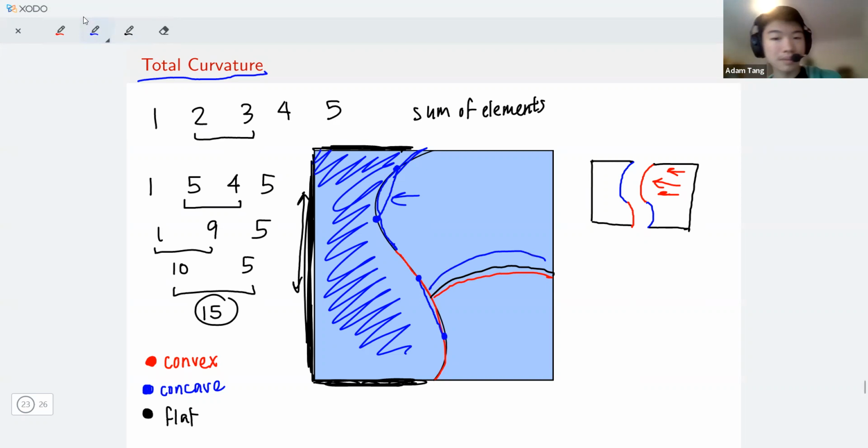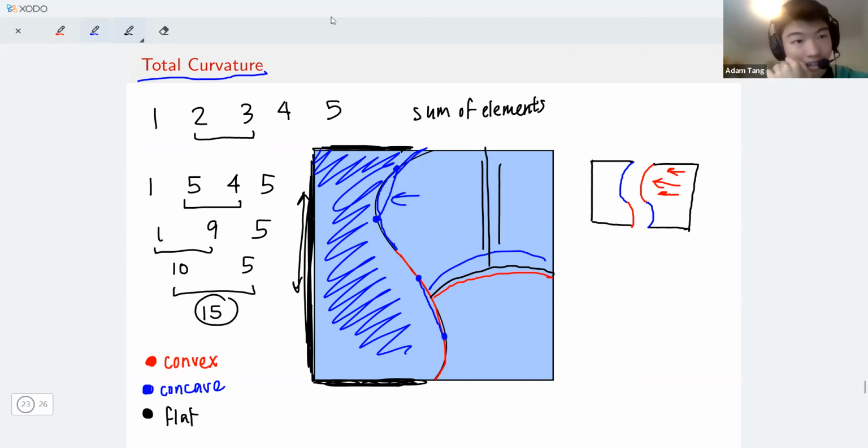Pretty much what I'm trying to say is any cut you make in the shape will form a pair of blue and red points. Or if you make a flat cut, for example this, then these two are of course both flat.